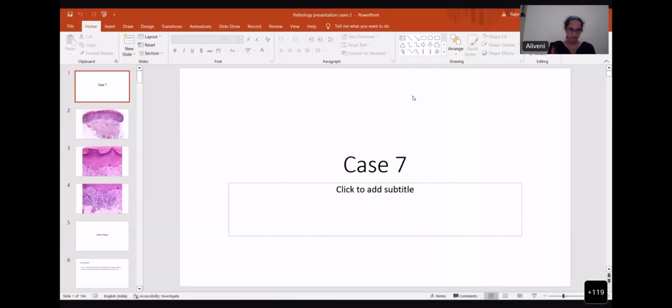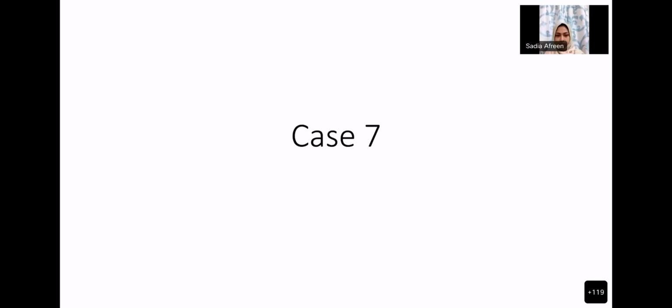Can you see it? Yes, sir, we can see it. Slideshow mode. Yes, sir. Case 7.